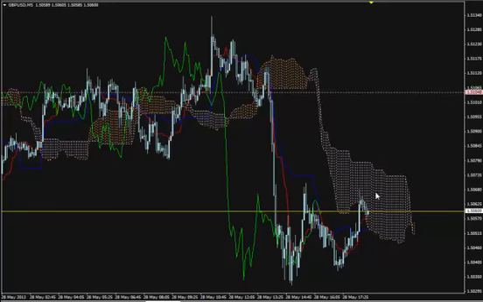Well, if you don't want to wait, you can enter short here, but I suggest you wait and pick your entry from the M5 chart. The smaller the time frame, the more precise you can be with your entry.